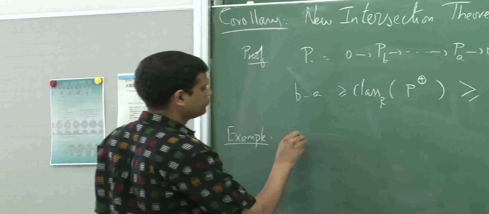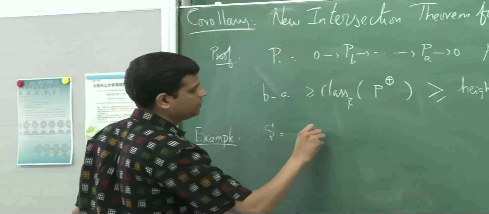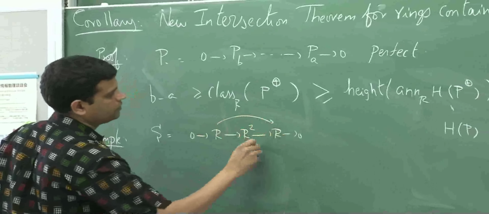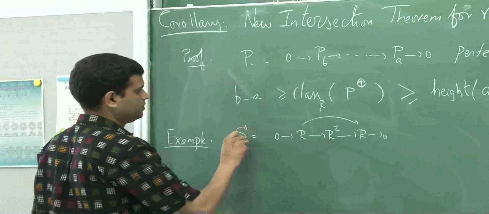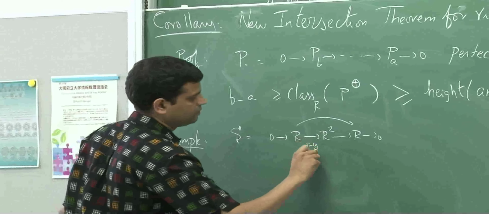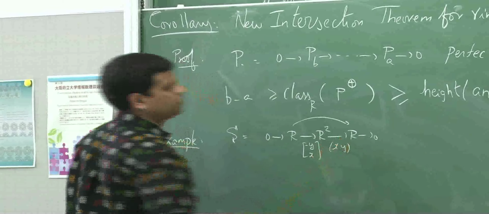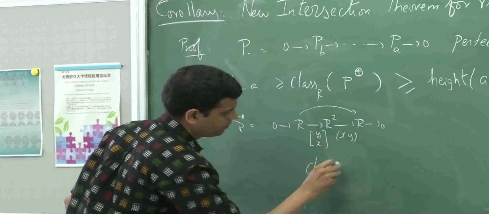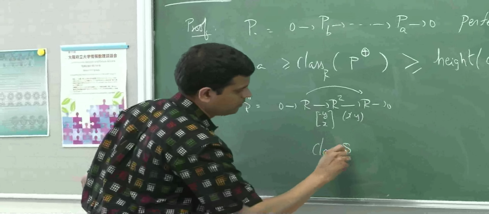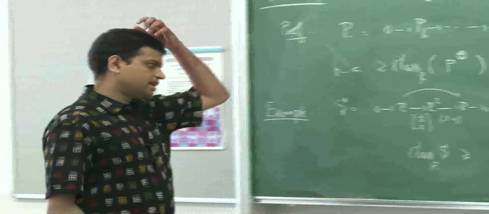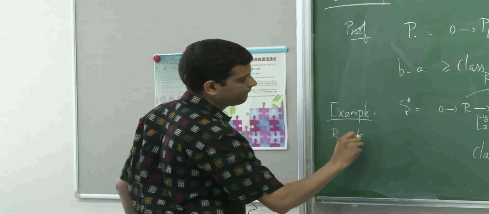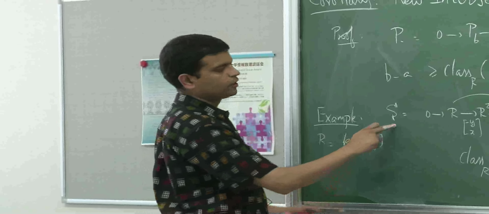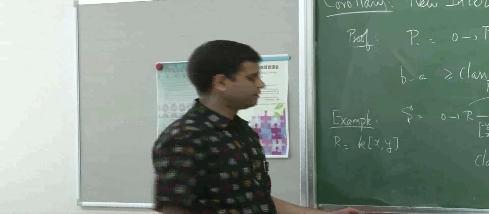If you look at the class of, remember this module that we had, so the class of this is at least, and the ring here is k[x,y]. And it's not so hard to check that the homology of this is just k.